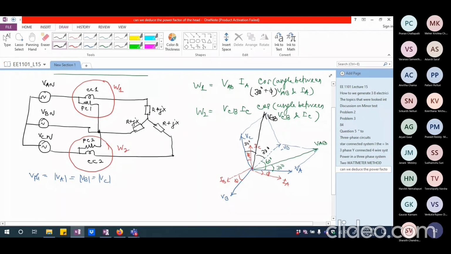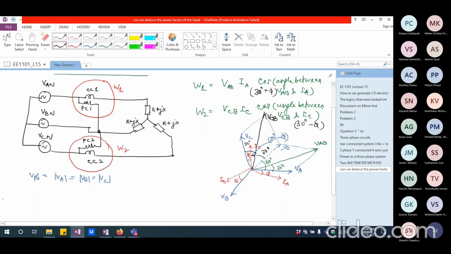So 30 minus phi will be the angle here between these two. This is going to be 30 minus phi.